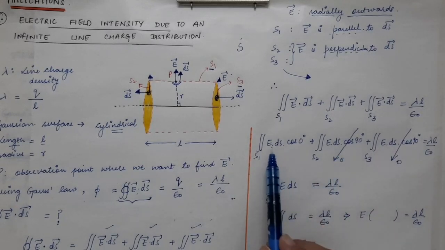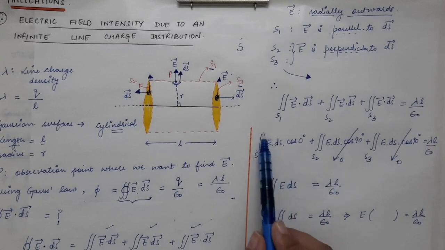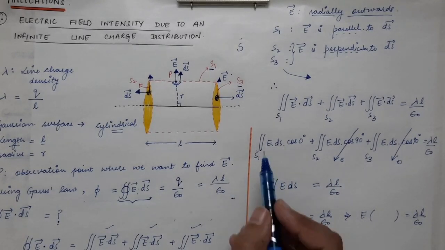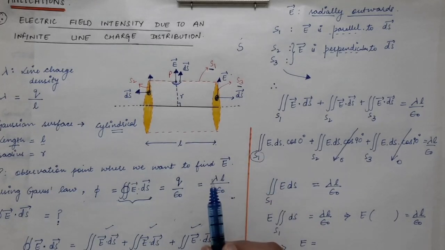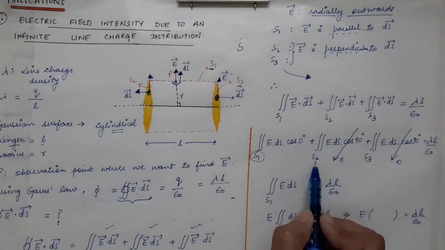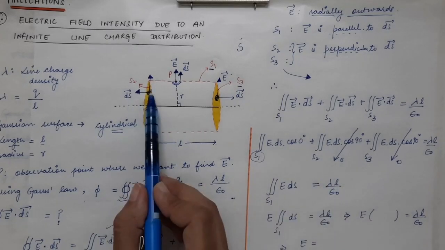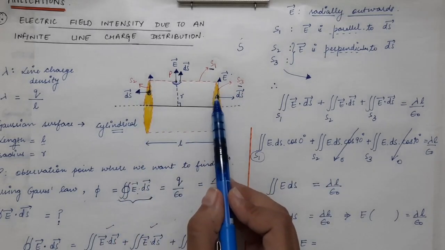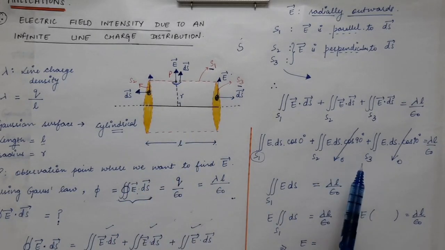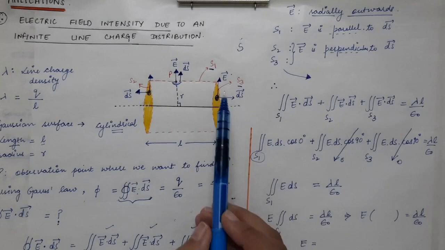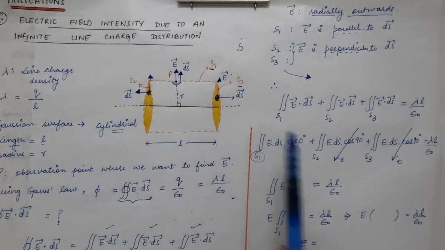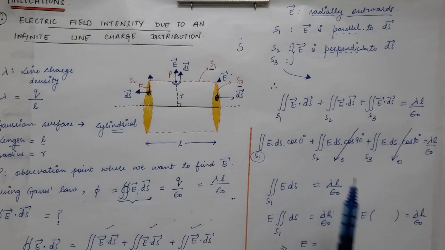So what we will be left with is nothing but E ds, with its surface integration over this S1 surface only, which is the curved portion of the cylinder. On the S2 and S3 surfaces this integral will vanish, and the reason is the electric field intensity is perpendicular to the area element for these S2 and S3 surfaces.